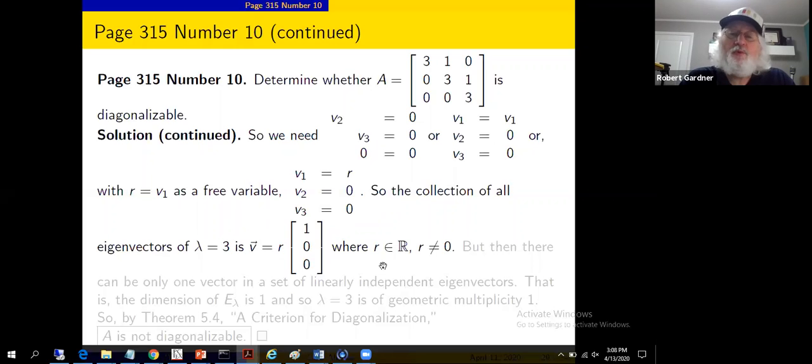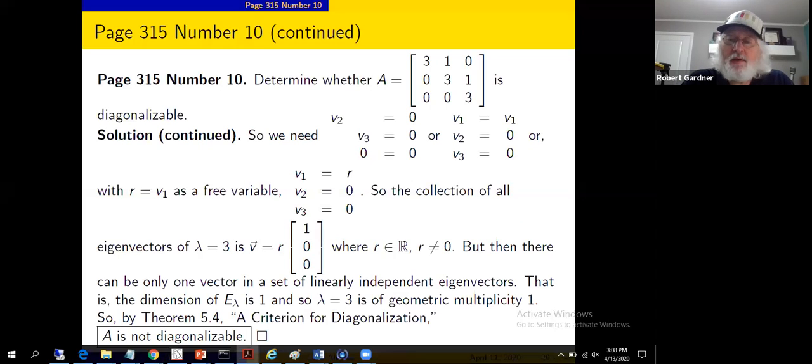Any non-zero scalar multiple of the vector 1, 0, 0. But that's only geometric multiplicity 1. If we had 2 free variables, we'd have geometric multiplicity 2. That wouldn't be enough either because we had algebraic multiplicity of 3, because of an exponent of 3 on the previous slide.